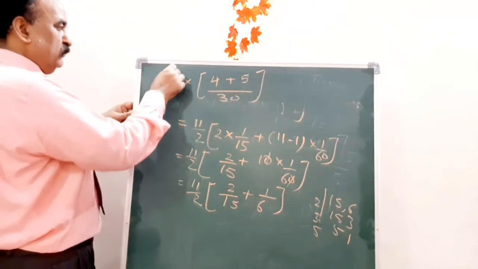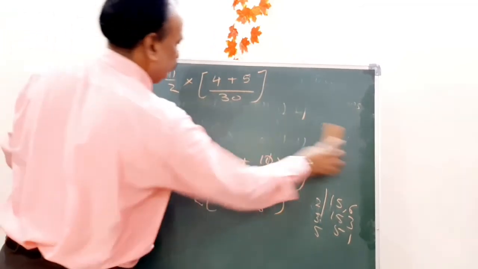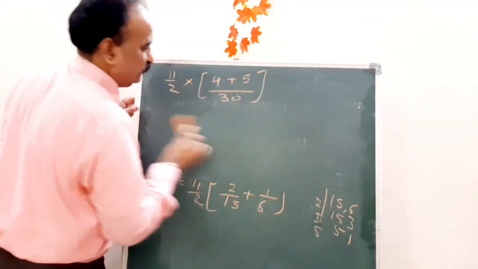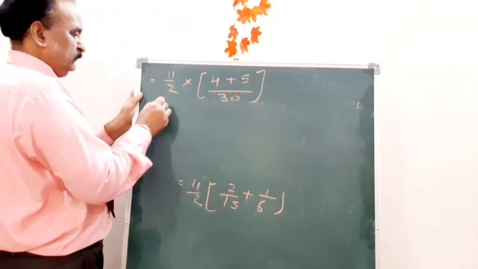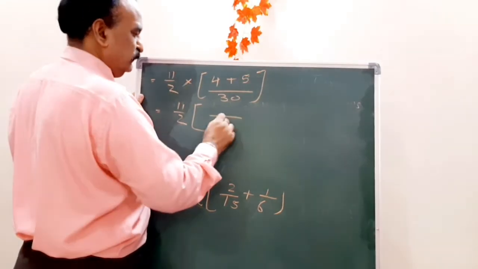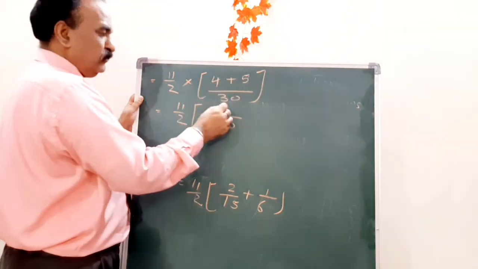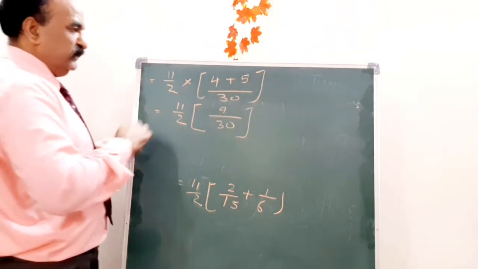Into 11 by 2. Now it will be 11 by 2 into bracket, 30, 5 plus 4, 9. Right? Now you can solve here.